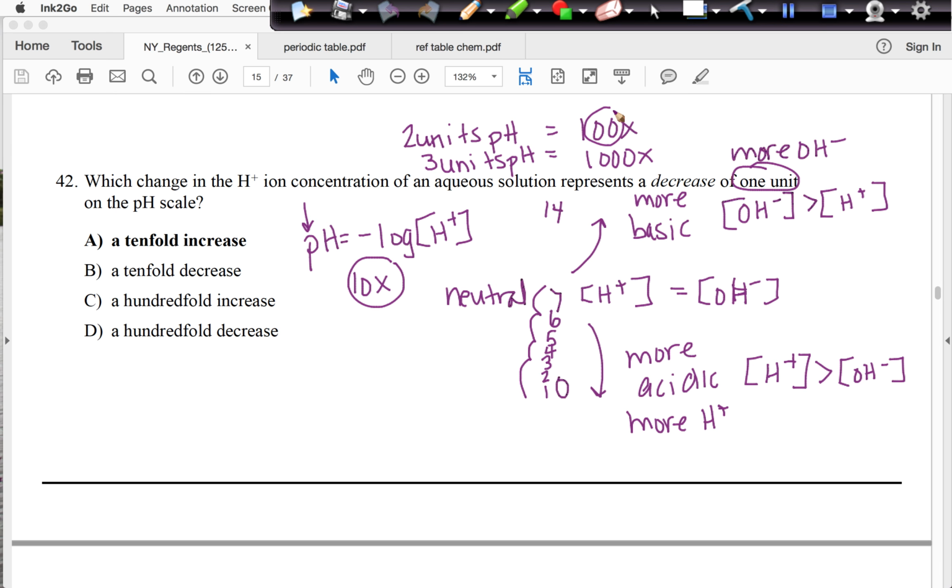Remember, it's the number of zeros that can tell you how many places you want to move on the pH scale. So if we want to decrease 1 unit on the pH scale, we're changing by 10 times. As we go down on the pH scale, it's more H plus. So it's a 10-fold increase of H plus going down 1 place on the pH scale.